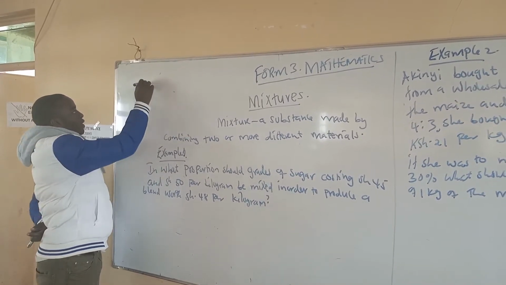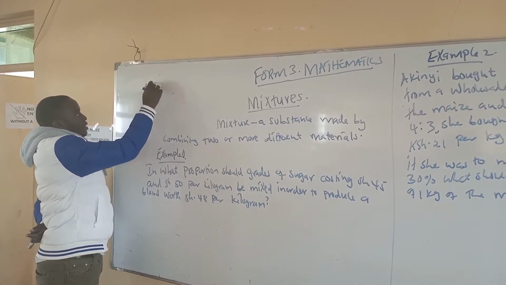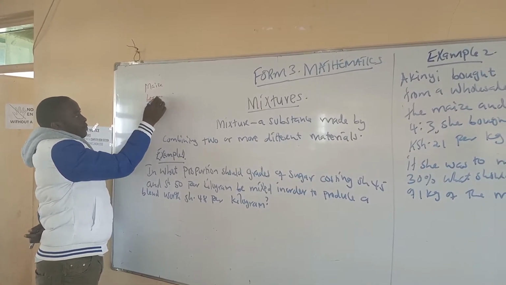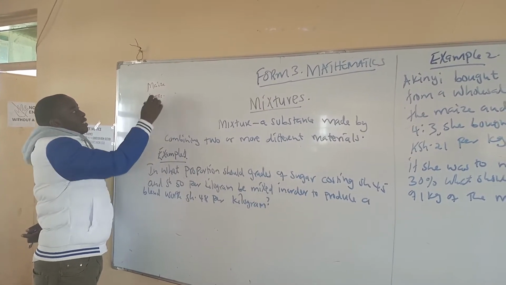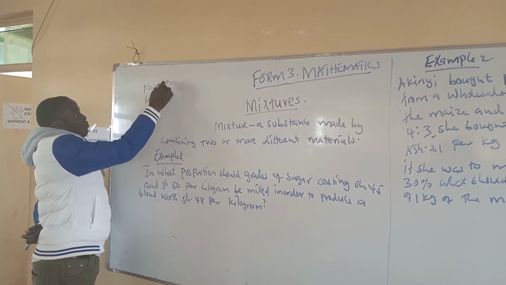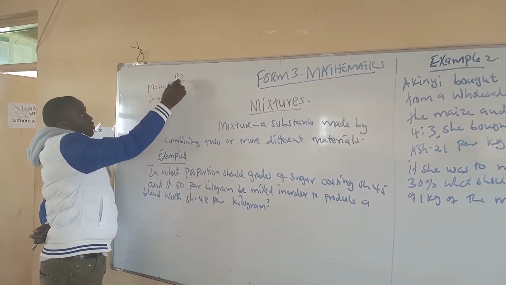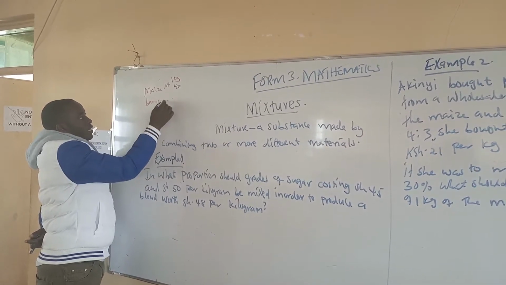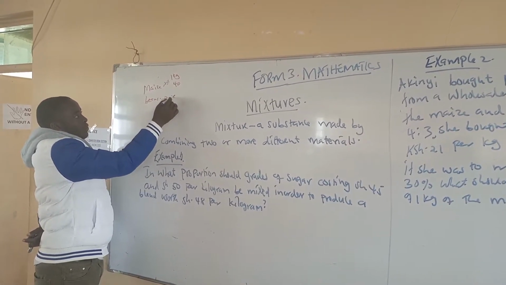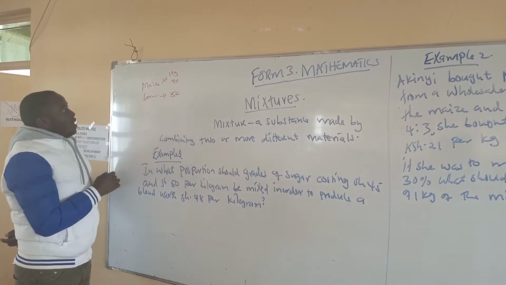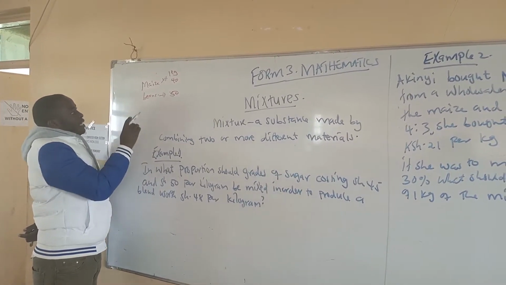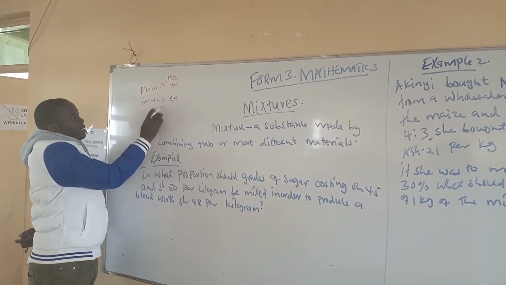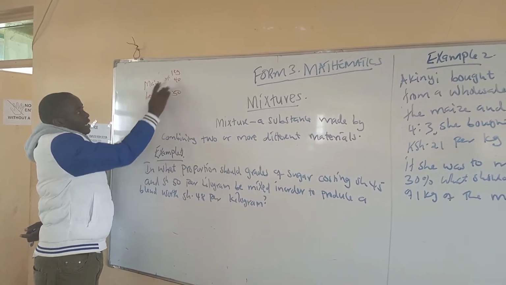You want to buy maize and you also want to buy beans. Let's say 1 kg of maize costs 40 shillings and 1 kg of beans is 50 shillings. There is one mother who is selling the maize separately and the beans separately at that cost.